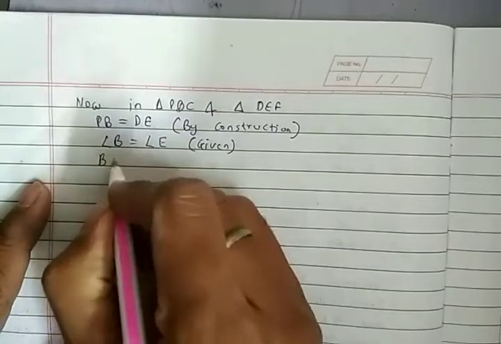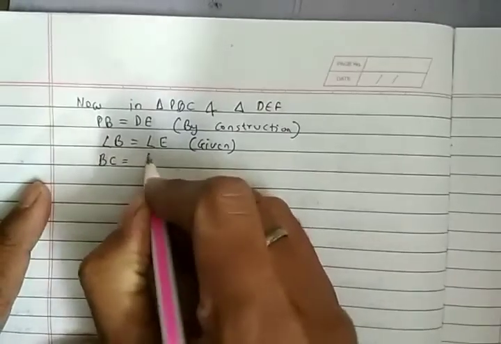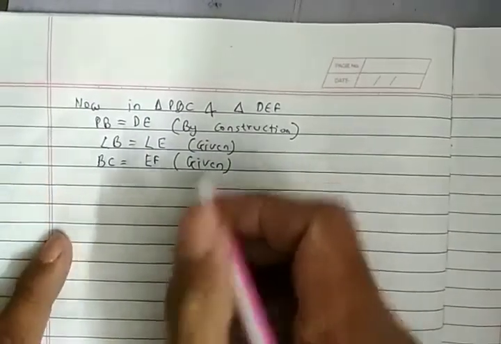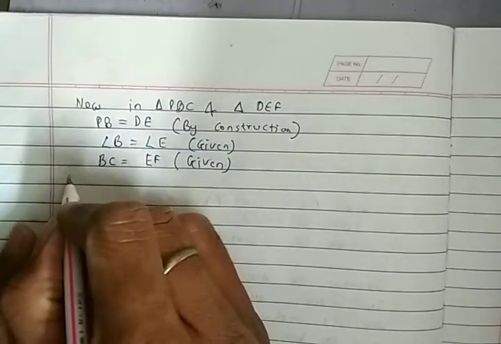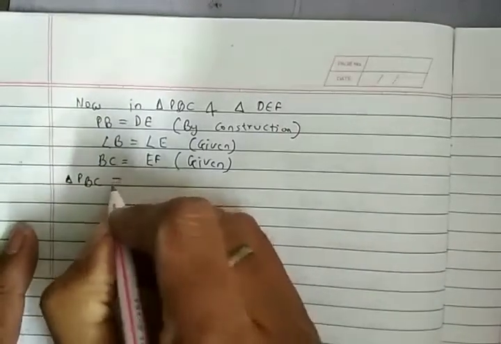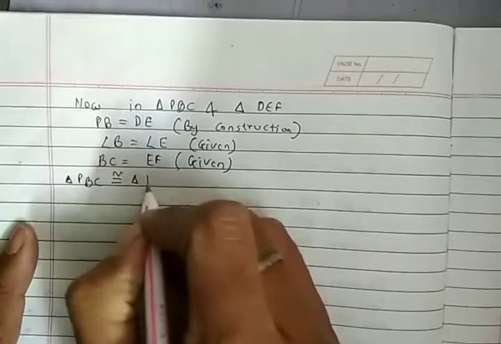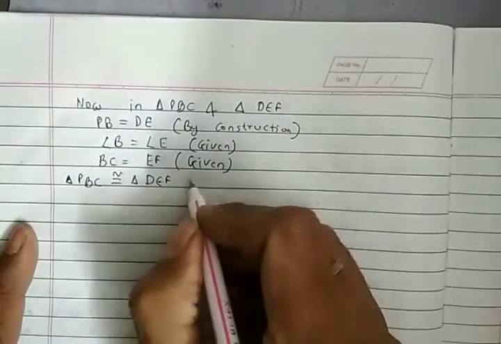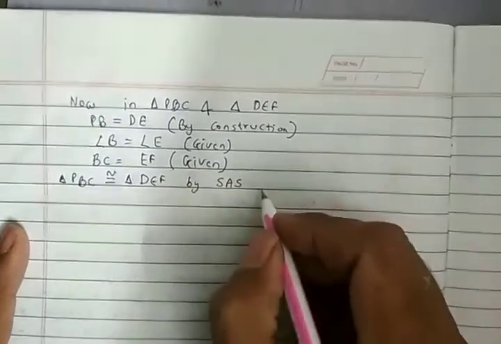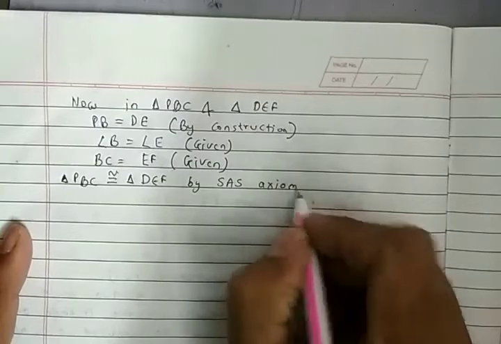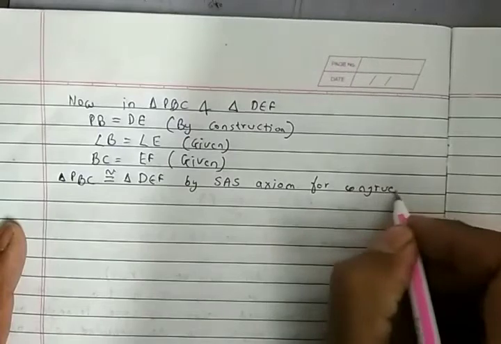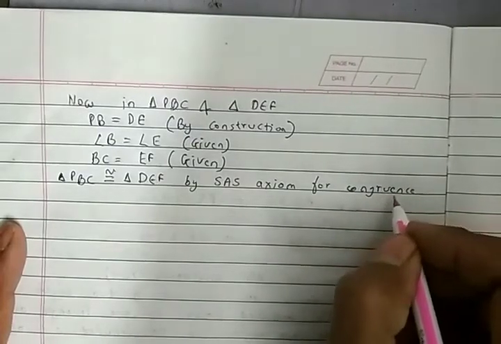One more thing is given, side BC is equal to side EF, right? So we can conclude that triangle PBC is congruent to triangle DEF. How can we say that? By side angle side axiom for congruence, right?